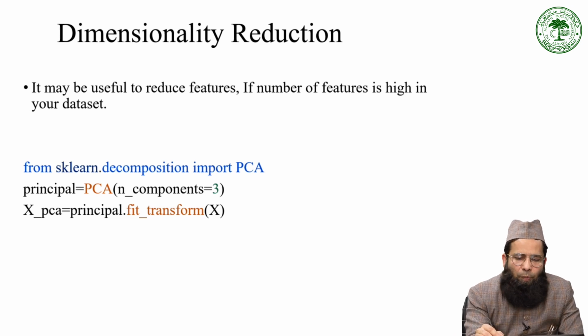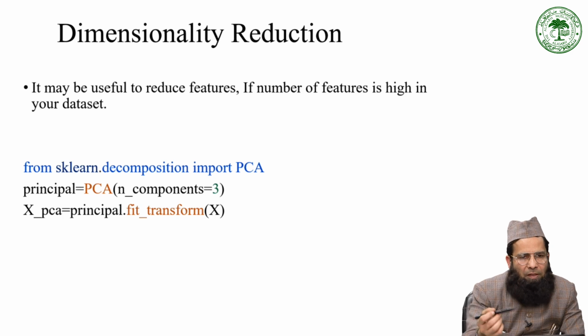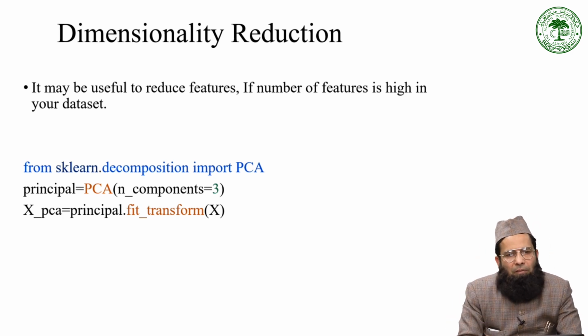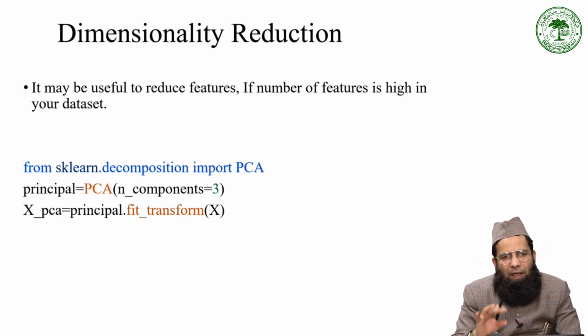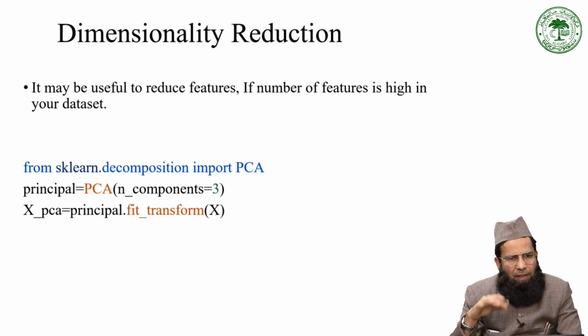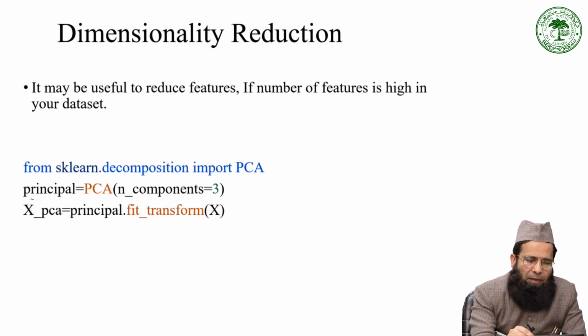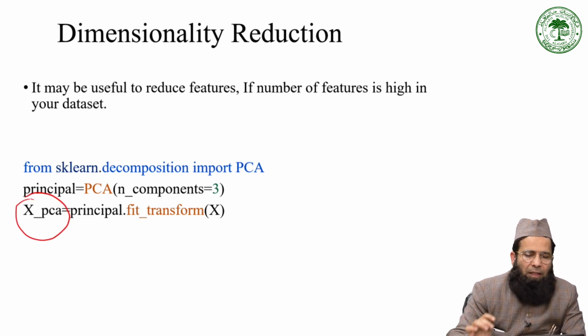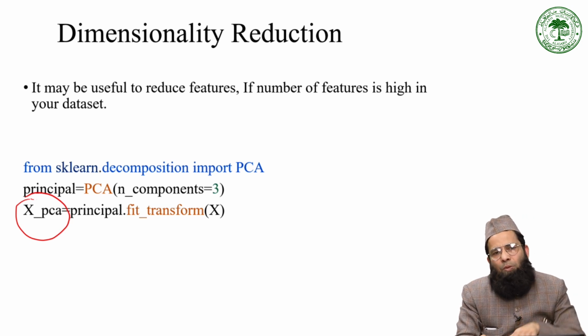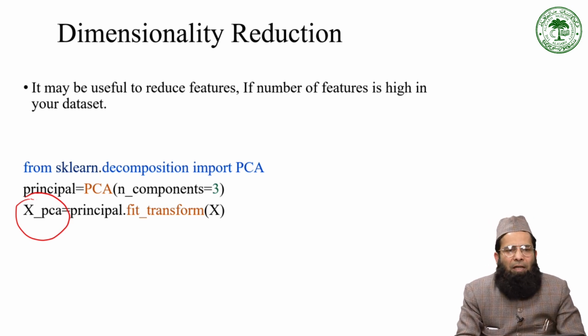First we need to import PCA, and here we are using n_components as 3. It means we are trying to fetch 3 features in this case, and then you use the fit_transform method in this way, and this X_PCA would contain the reduced independent variables.